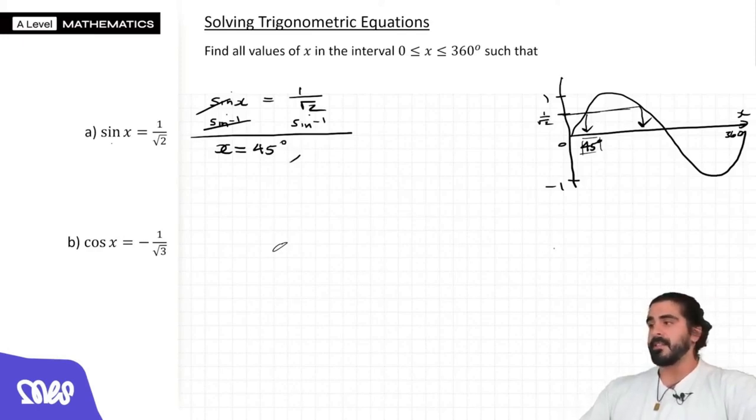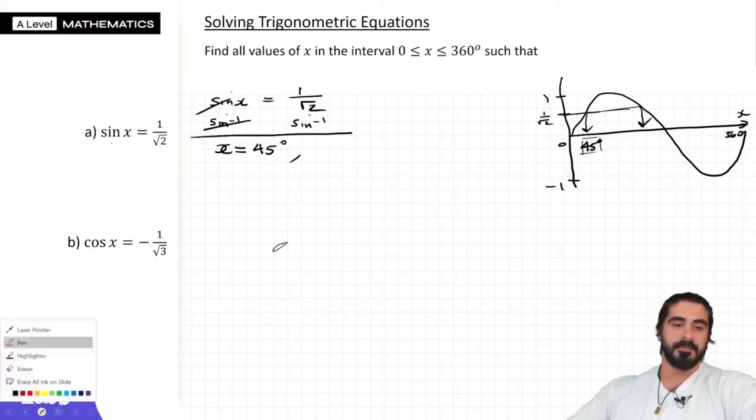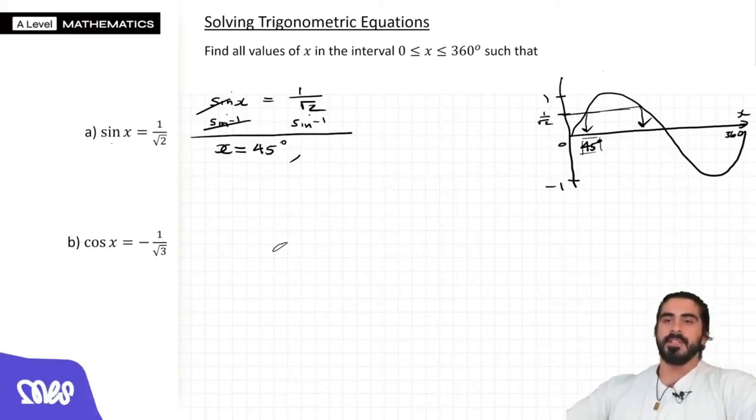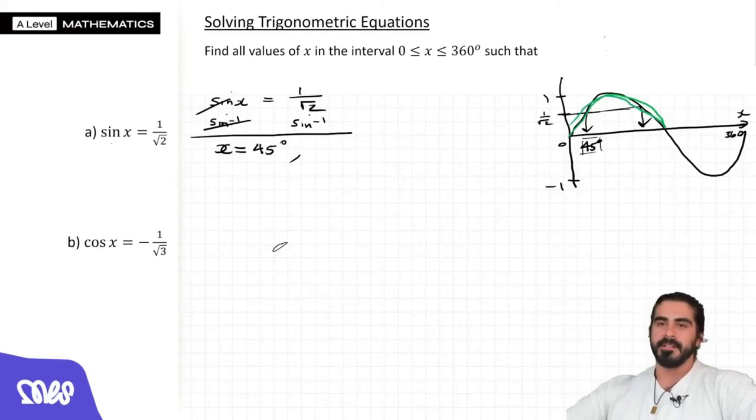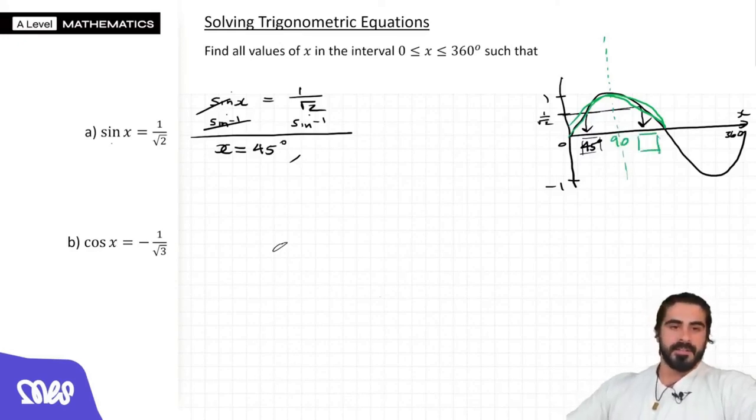Now I'm only going to explain this once because you actually only need to know this once. And I'm going to show you a cool diagram later on. Now with the sine graph, this first hump, we'll say, is symmetrical about 90 degrees. I'm interested in finding this value. Now the way we do that is very simple.